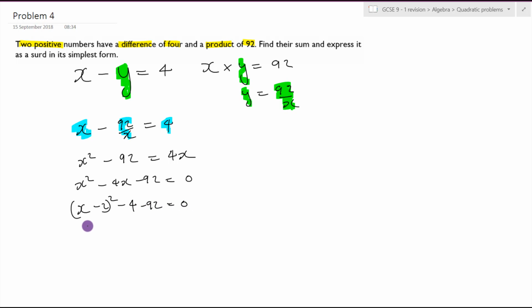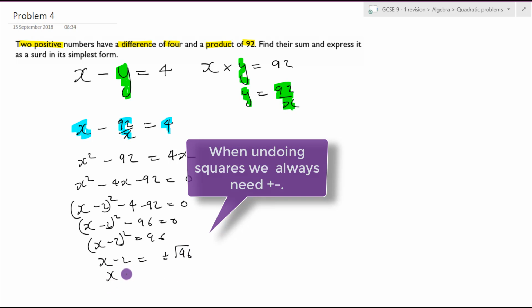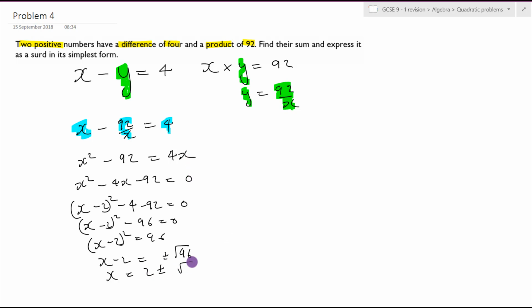So I get x minus 2 all squared minus 96 equals 0. So x minus 2 squared will equal 96. So x minus 2 will equal plus or minus the square root of 96. So x will equal, add 2 to that side, 2 plus or minus the square root of 96.